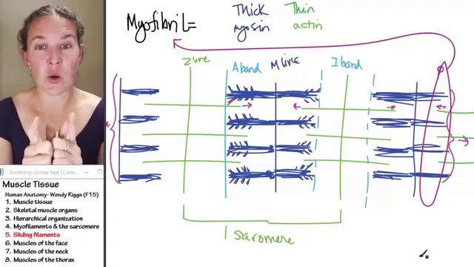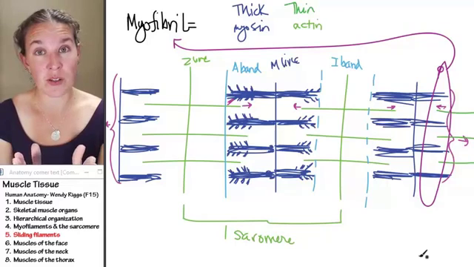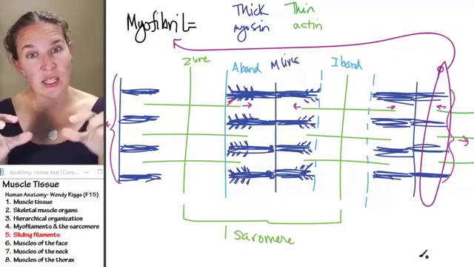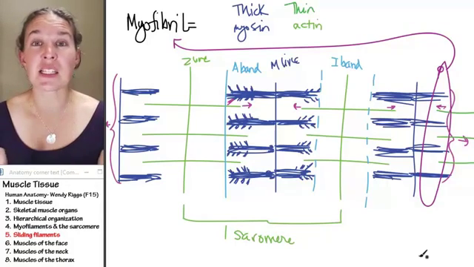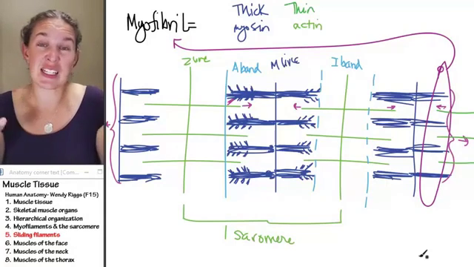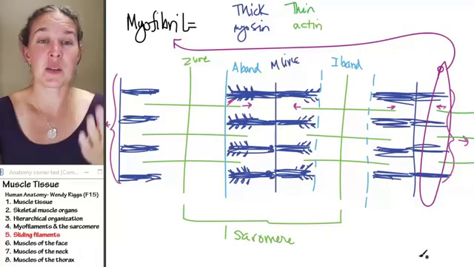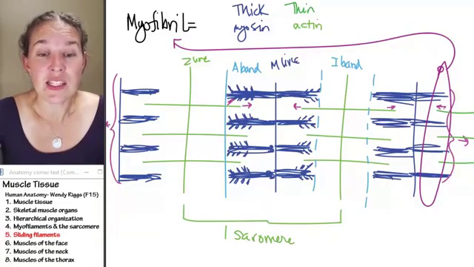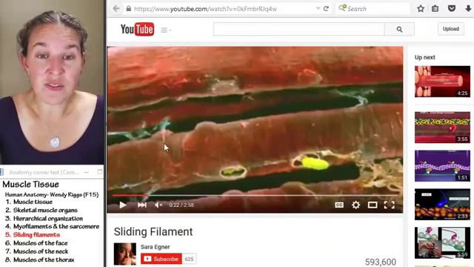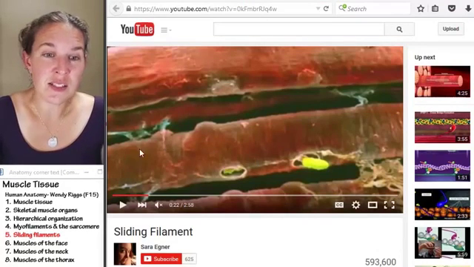Remember that we're dealing with sarcomeres, which are the repeating units of myofilaments that are organized in bundles to make up the myofibril. This video starts us off looking at a single muscle cell.